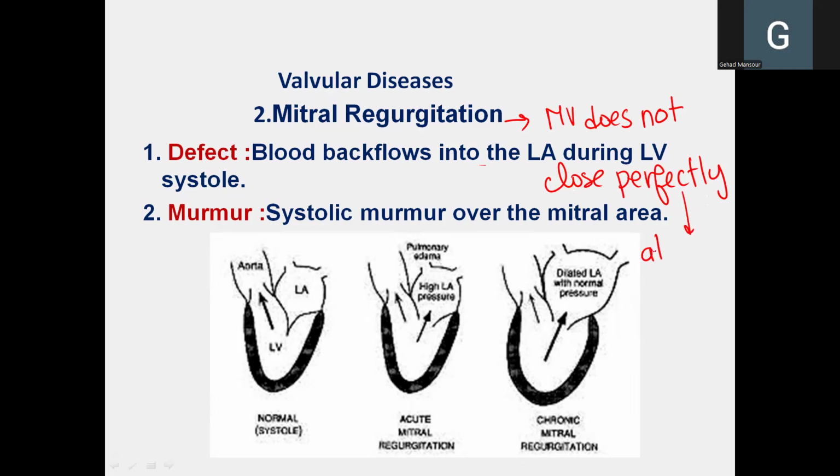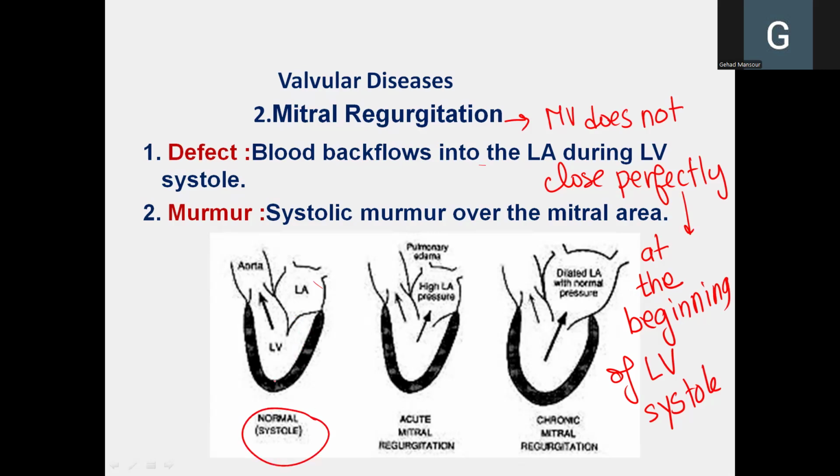At the beginning of systole. Why? Because when the left ventricle starts to contract and the pressure inside the left ventricle increases, the mitral valve should close completely.